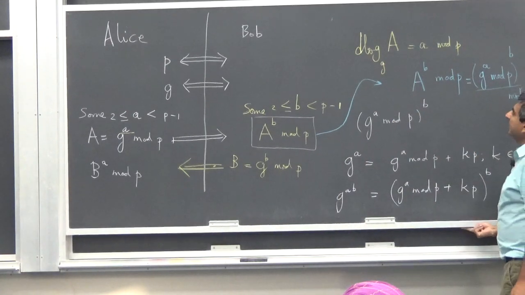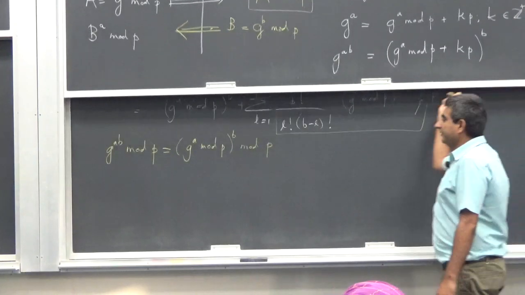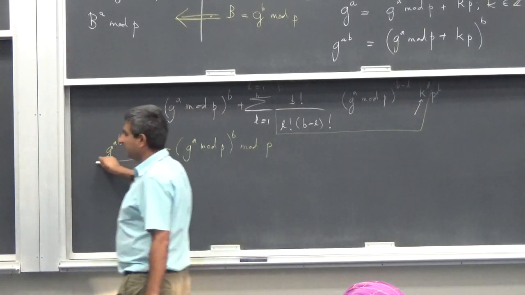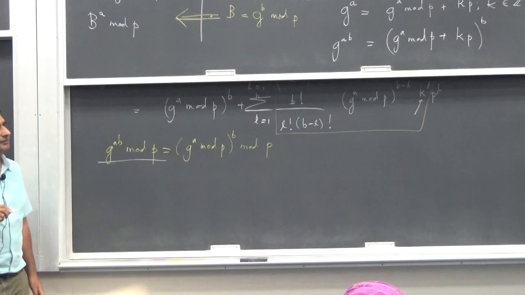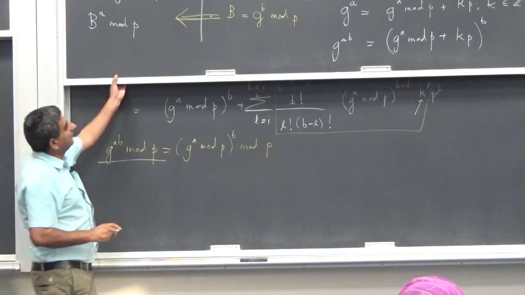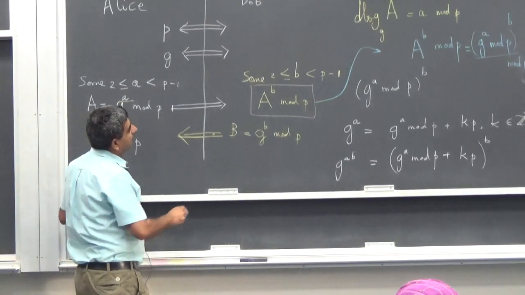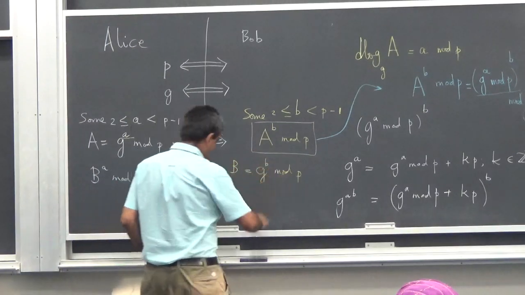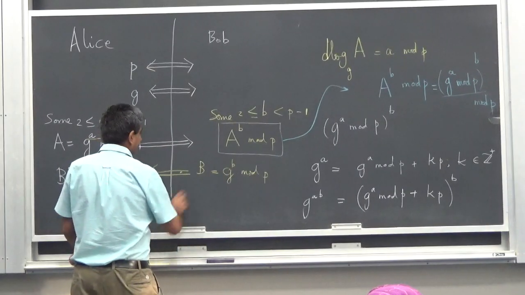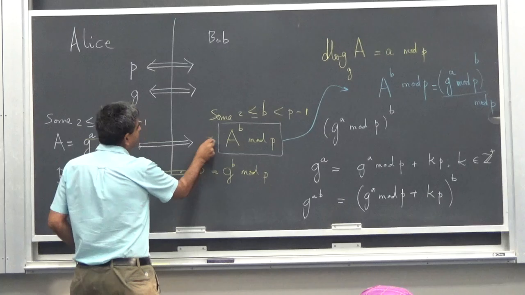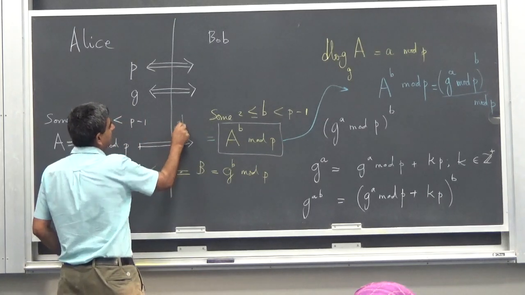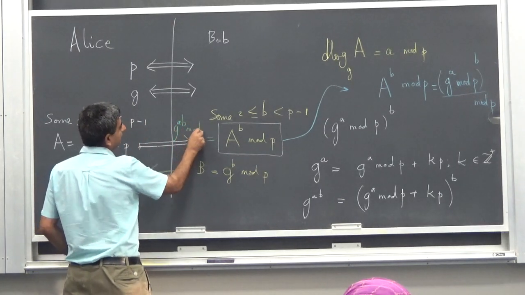But this term is simply G^(AB) mod P. So this term is here. This is G^(AB) mod P.